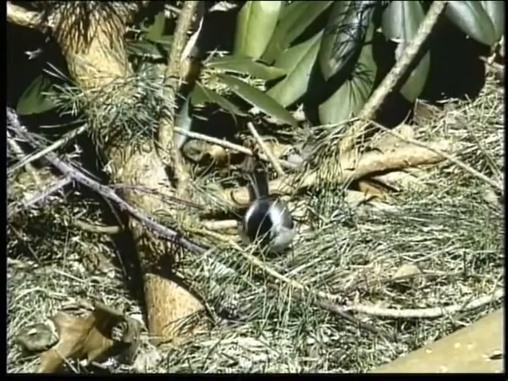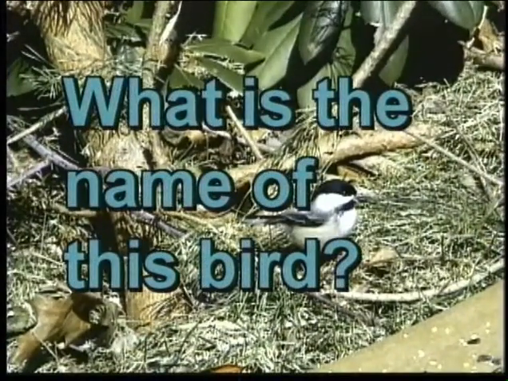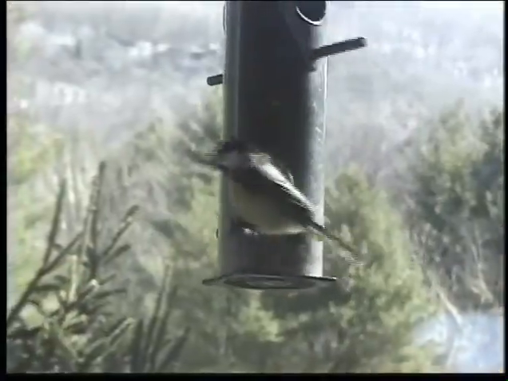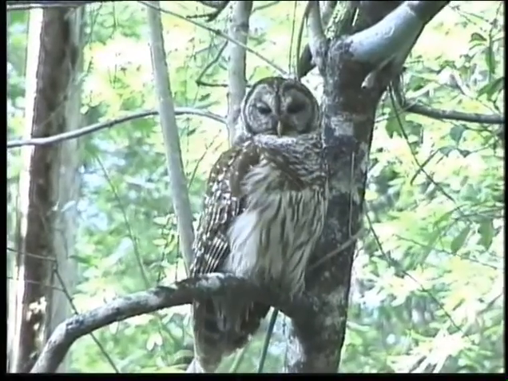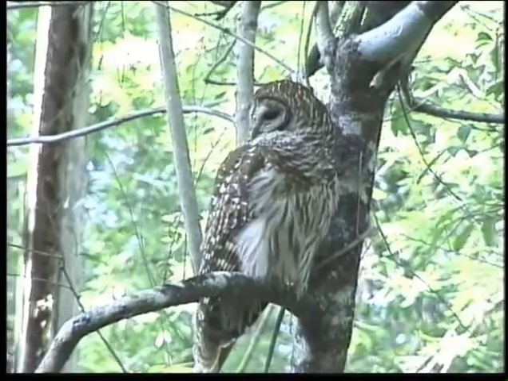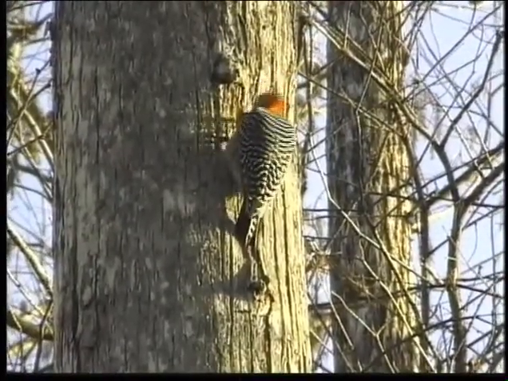You decide. What is the name of this bird? This is a black-capped chickadee, a bird that commonly visits bird feeders. There are hundreds of species of birds in the temperate deciduous forest, including several different kinds of owls, as well as many different species of woodpeckers.